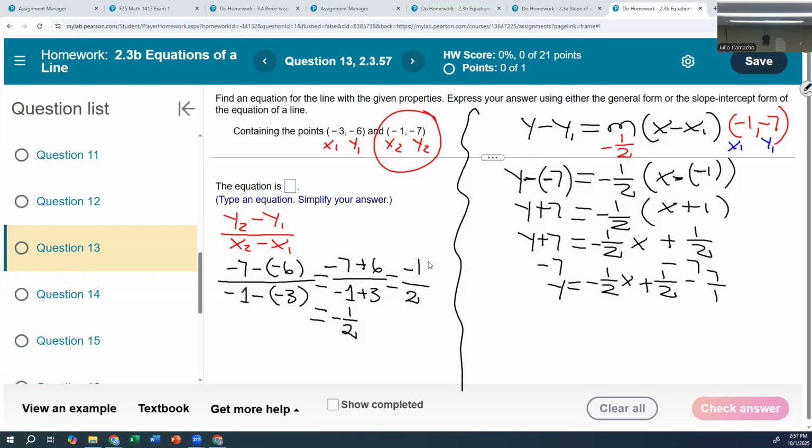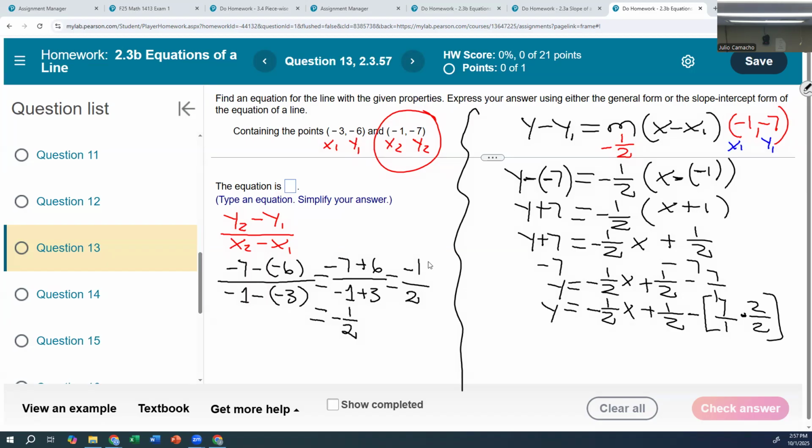And I can say that between 2 and 1, my LCD or LCM will be 2. So I need to multiply 7/1, the numerator and denominator, by 2. So I have y is equal to -1/2 x, plus 1/2, minus, I will open my bracket, 7/1 times 2/2.